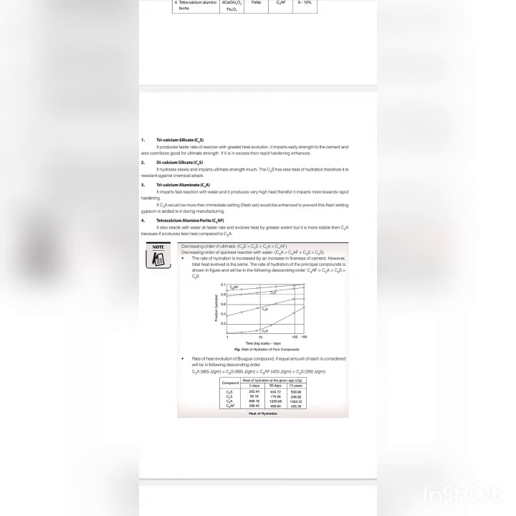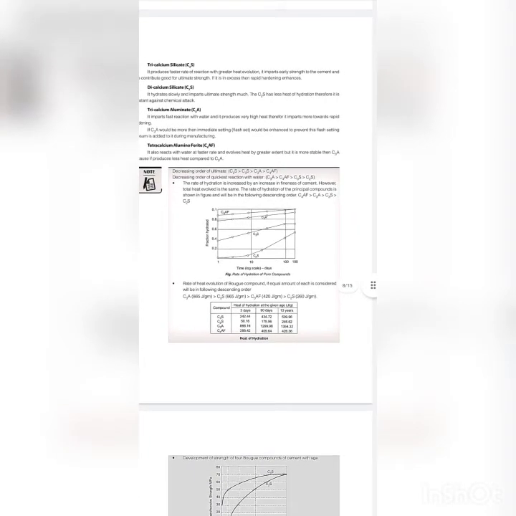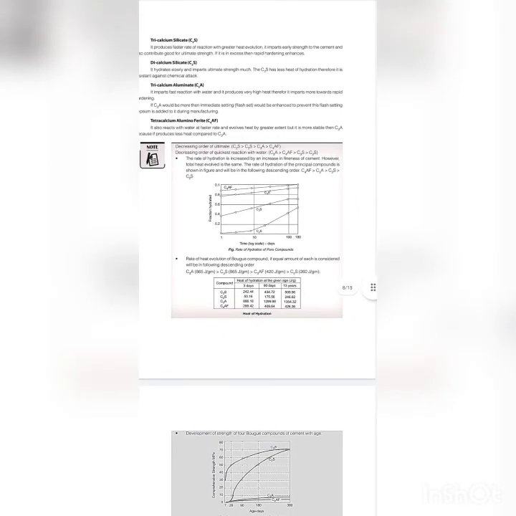Here we can see the rate of hydration of pure compounds, time scale and the heat of hydration. The rate of heat of hydration evolution of equal amounts of each compound will be in the following order: C3A, C3S, C4AF, C2S.